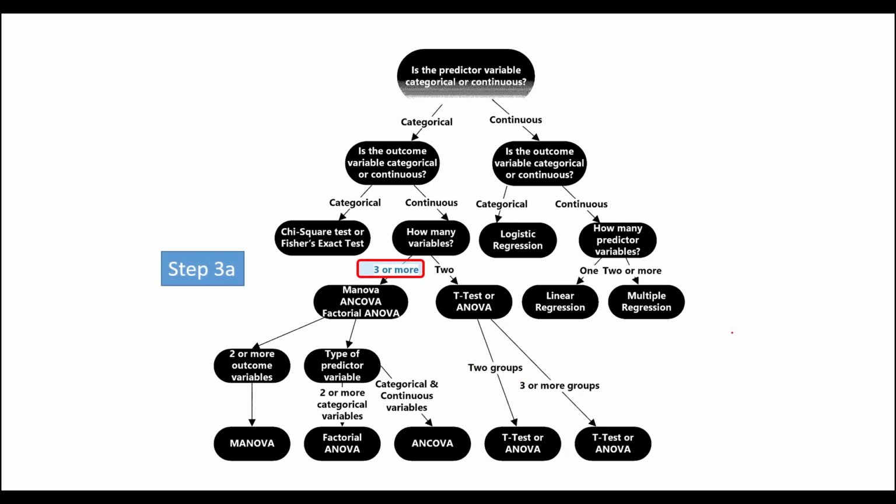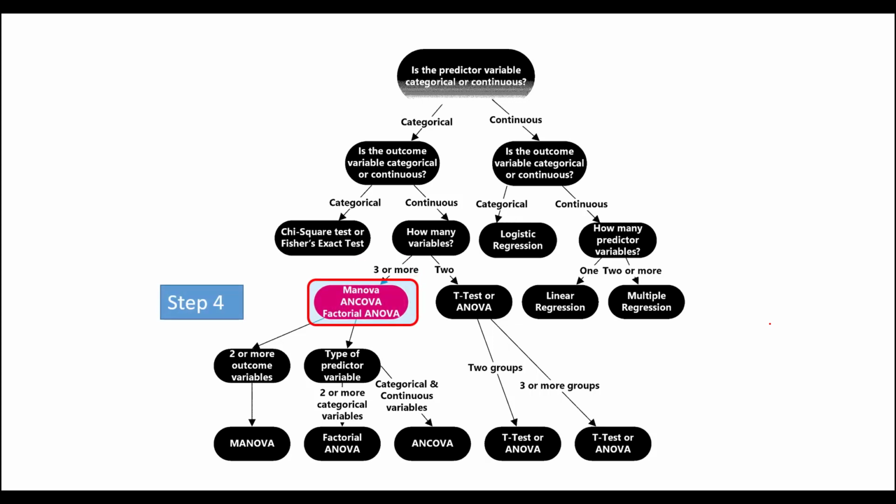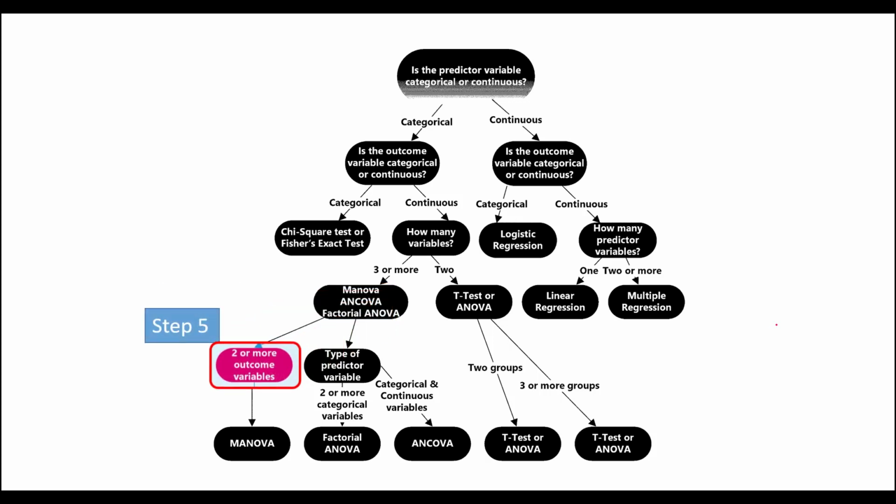To see what you should do when you have 3 or more variables in the proposed statistics, let's go back to step 3a. In that situation, your main options include MANOVA, ANCOVA, or the factorial ANOVA. Your choice will be based on whether the extra variables are outcome or predictor variables. When the outcomes are continuous and more than 1, you will use MANOVA.